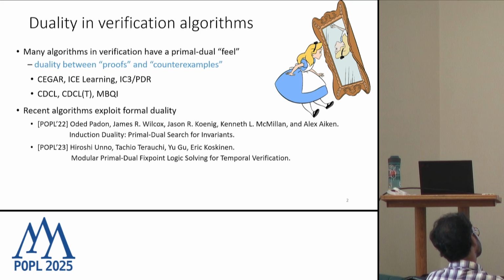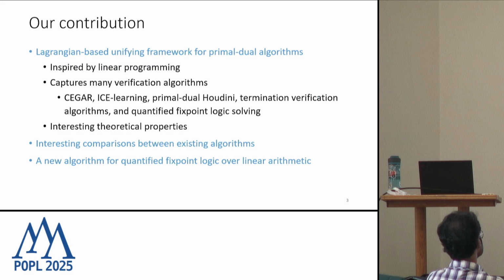And hopefully this new perspective can lead to new insight on existing algorithms and also maybe to some ideas on designing new algorithms. And indeed, what we were able to come up with is a Lagrangian-based framework, and I'll explain what that is on the next slide, where it is inspired by linear programming duality, and it is able to capture many common algorithms from verification and automated reasoning.